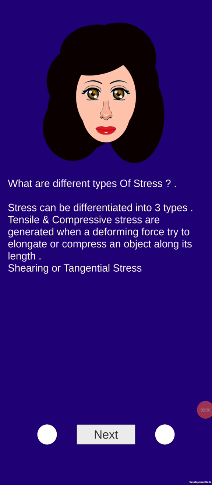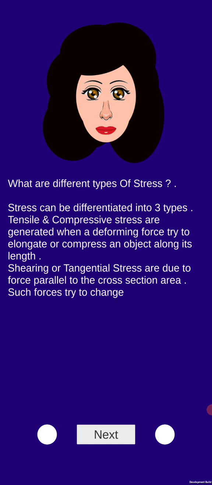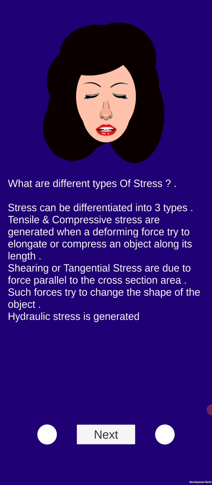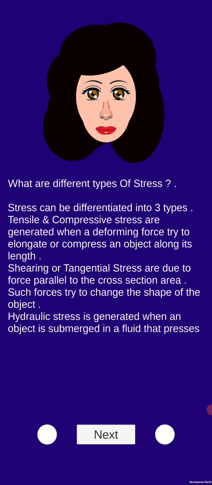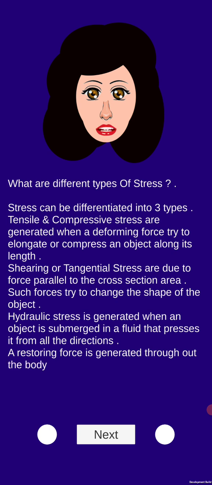Shearing or tangential stress is due to force parallel to the cross-section area. Such forces try to change the shape of the object. Hydraulic stress is generated when an object is submerged in a fluid that presses it from all directions. A restoring force is generated throughout the body that tries to oppose the compression.